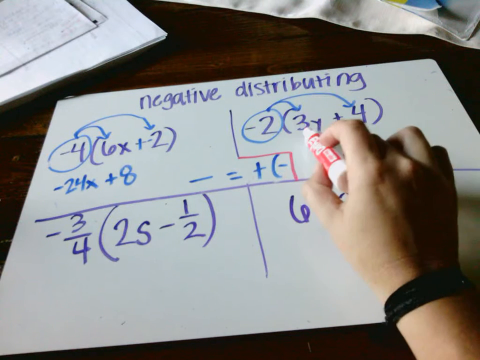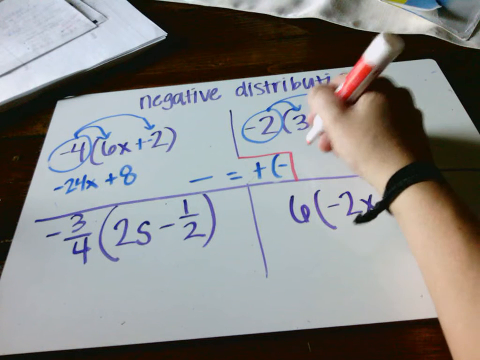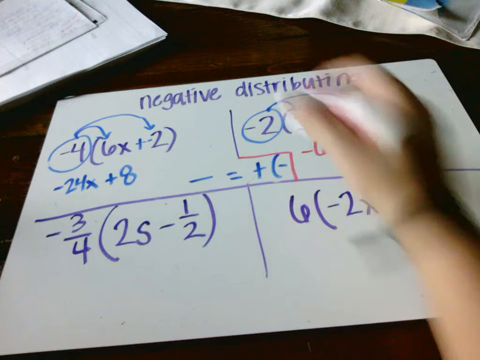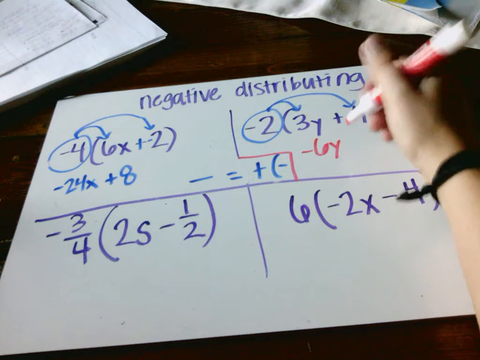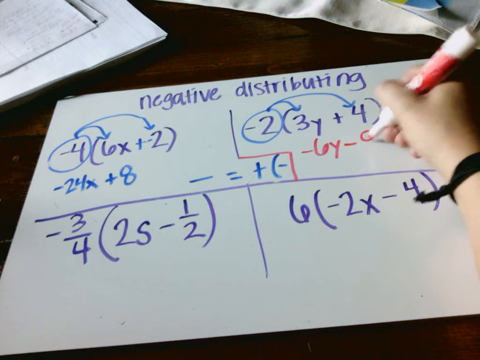So that negative 2 is going to be multiplied times that 3y. A negative 2 times 3y would be negative 6y. Now negative 2 times 4, remember a negative times a positive is a negative, would be negative 8.